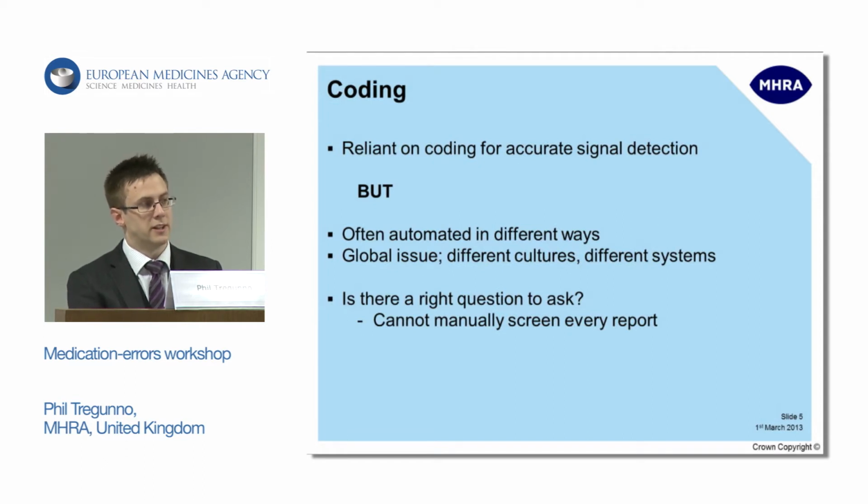So I think really we need to think about whether there is a right question to ask when we're collecting this data, or whether it's flexible across different areas. But we need to have an appreciation at an analysis level as to what that actually means in terms of the issues we're identifying. And there may be local nuances that we need to be taking into consideration.